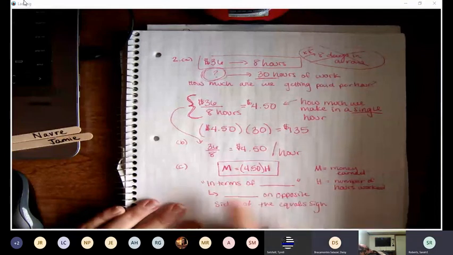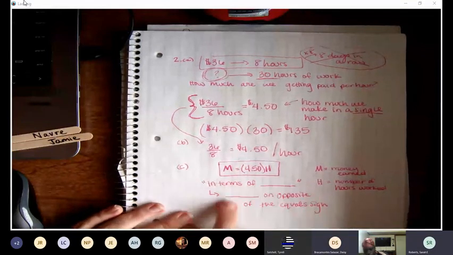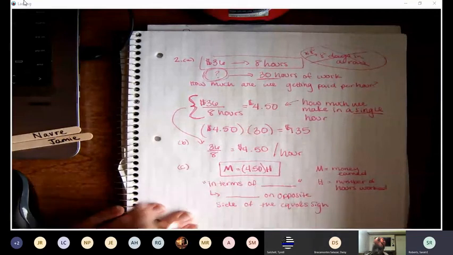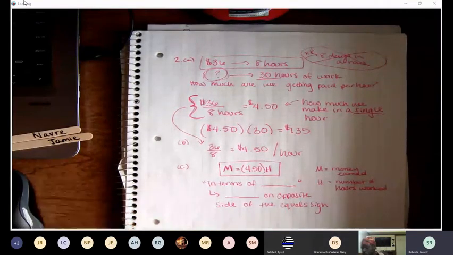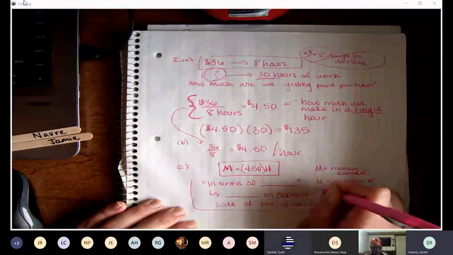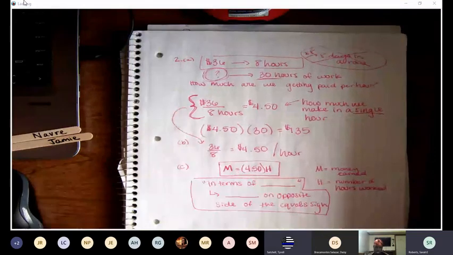Okay, so if it says in terms of money, then money needs to be on the opposite side of the equal sign as the thing at the beginning of the sentence. That wasn't a fabulous explanation. So what questions do you guys have about it?